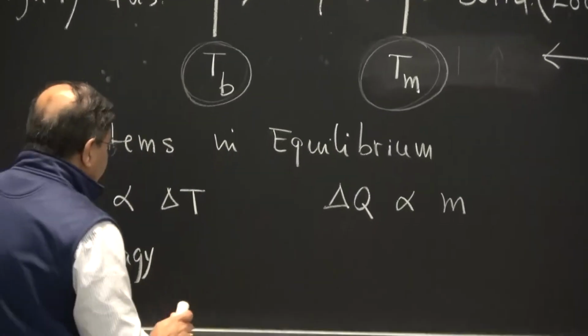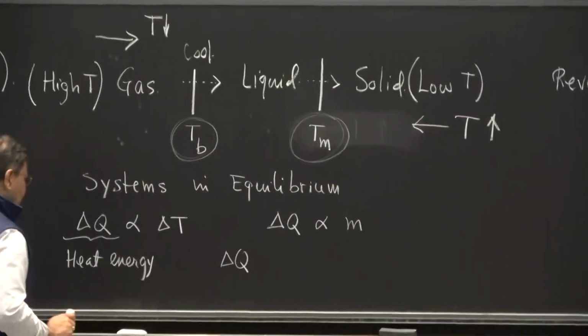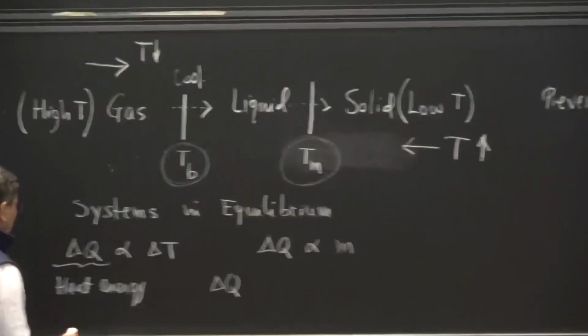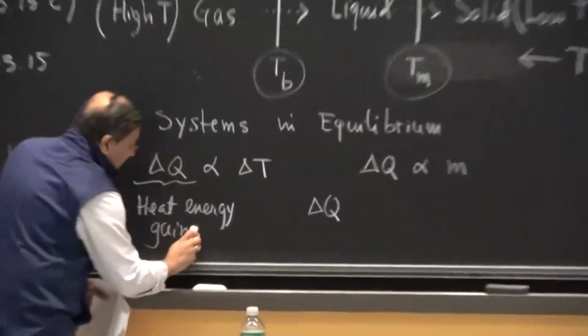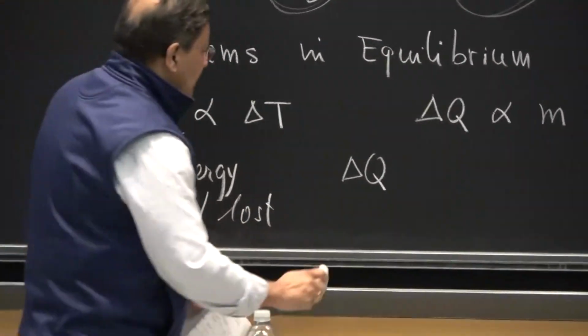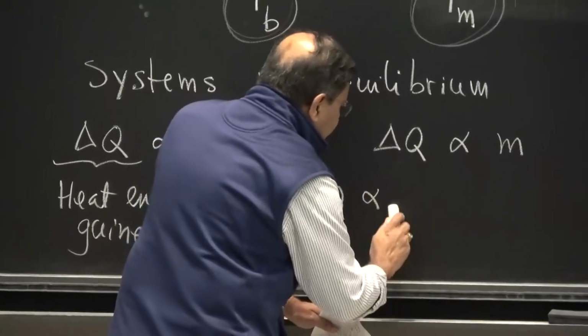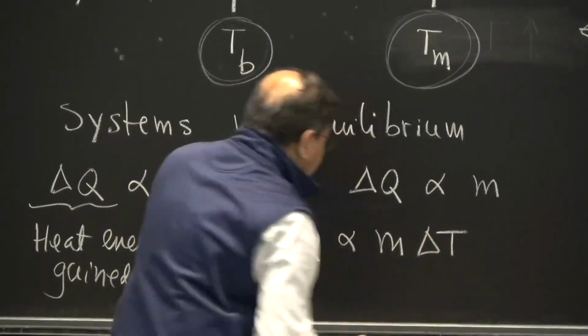Therefore, it's easy to see that delta Q in general, which is the heat energy gained or lost, is proportional not only to the mass involved, but also to the temperature change involved. All right?